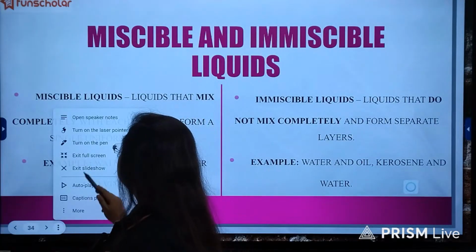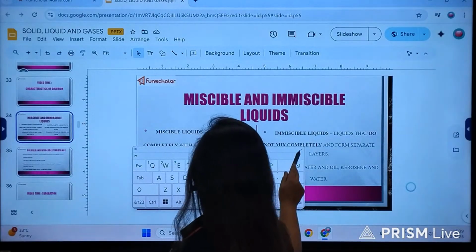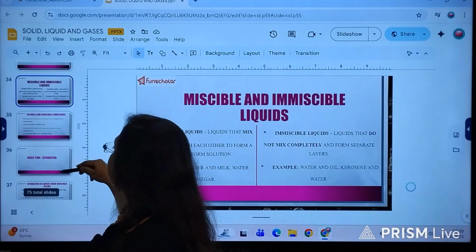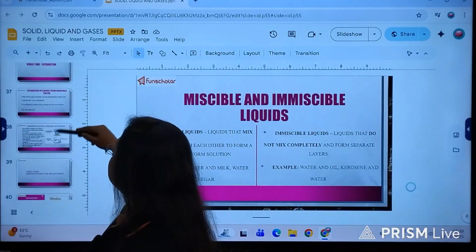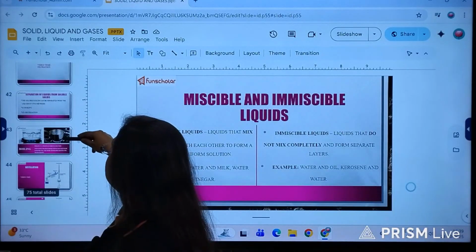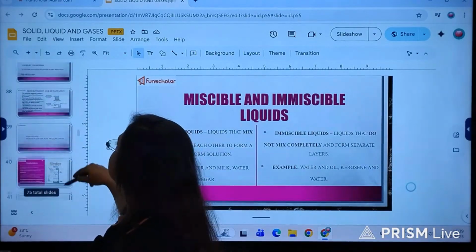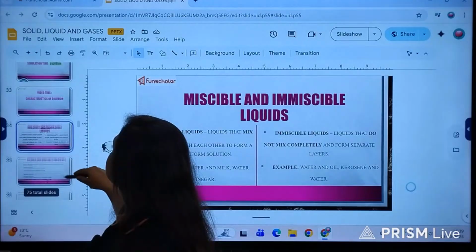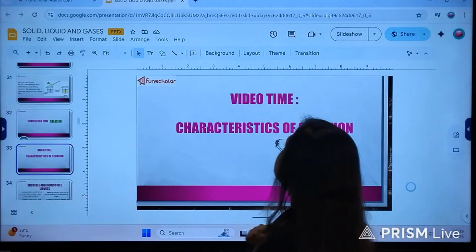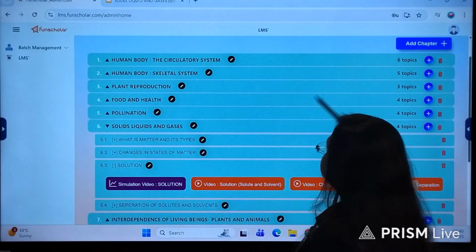So let's watch that video, and from our next lecture we will start with immiscible and miscible liquids and soluble and insoluble substances, and after that some separation techniques like sedimentation, decantation in detail, filtration technique in detail, and also the boiling and distillation technique as well. After that some other topics are there, but before that let's complete this topic, characteristics of a solution, first. So let's watch that video first.